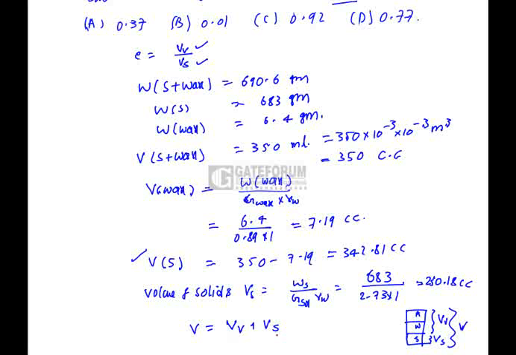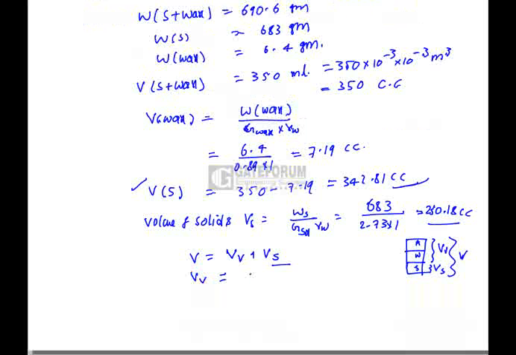Vs we know, total volume we know, so Vv we can find out. Vv, volume of voids, is 342.81 minus 250.18, that is equal to 92.63 cc.